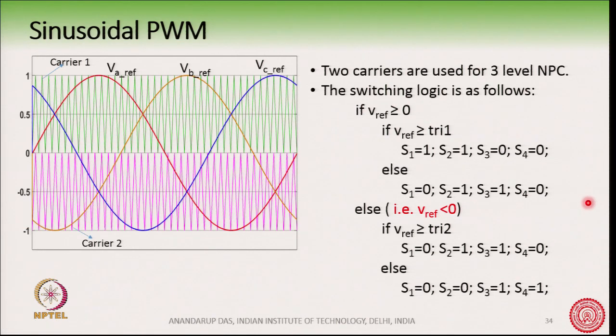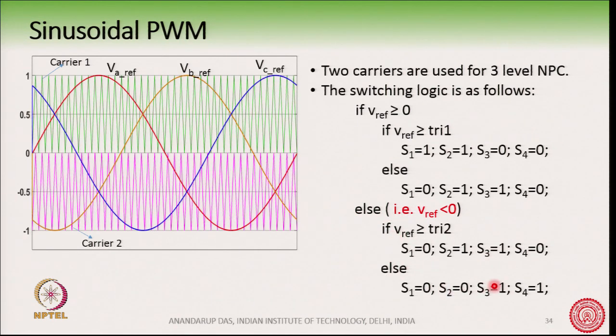If I name the switches from top to bottom as S1, S2, S3, S4, there are 3 sinusoidal reference waveforms. If any reference waveform is greater than 0, we follow this logic here, and when the reference waveform is less than 0, we follow this logic here.